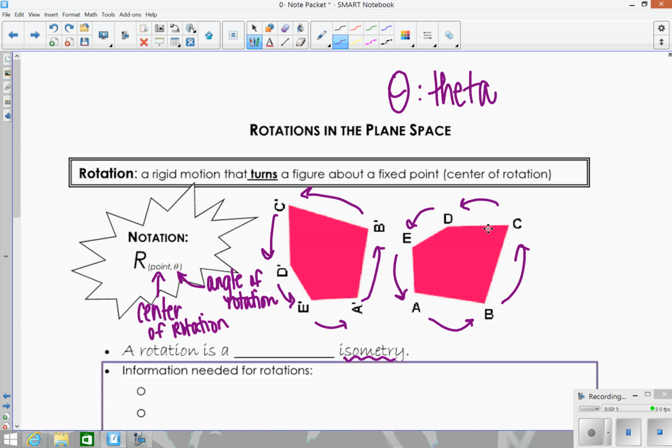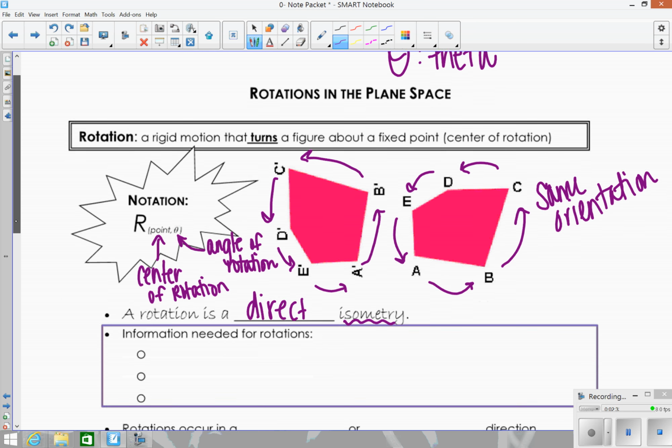Since they go in the same direction, it means that the orientation is the same. So same orientation, that deals with the order of the letters. So that means that this is a direct isometry. So all rotations will be direct isometries.